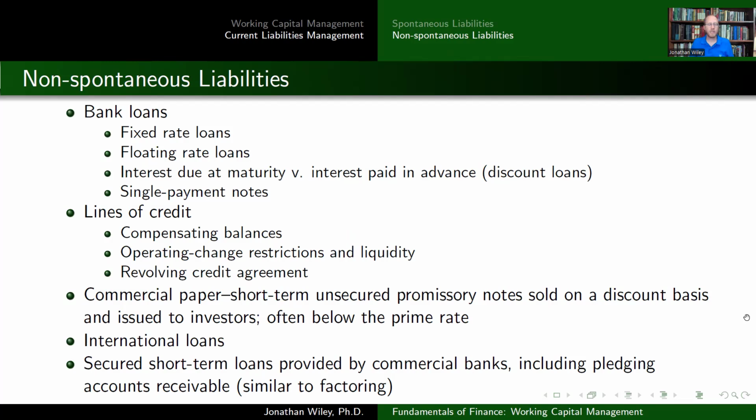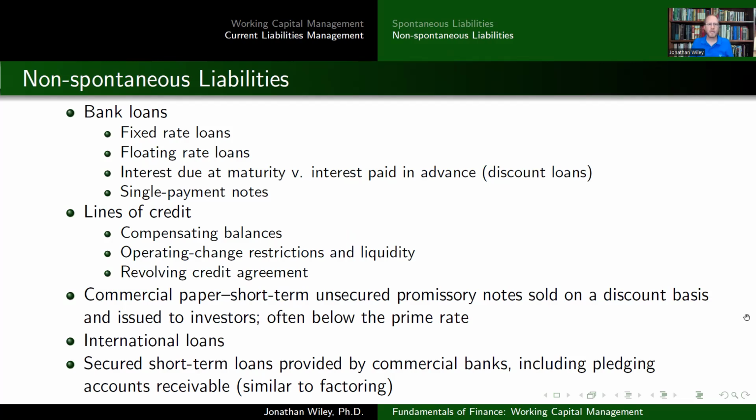All of a sudden, some companies were scrambling trying to figure out how they were going to meet this funding need when this commercial paper is coming due in 90 days, and nobody wants to buy more commercial paper because of economic circumstances. So you do have to be a little bit careful with that.